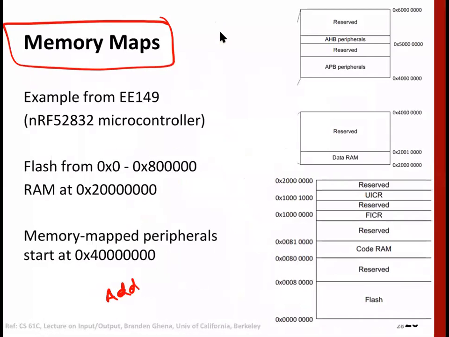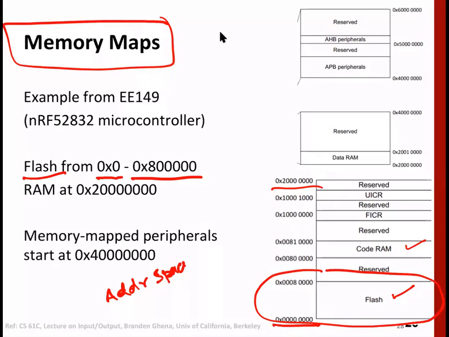So from 0000 to whatever is reserved, this will be code and for something else, and so on. Then starting from, say, 0x0 to 0x80000 is for flash. This area is reserved for flash.